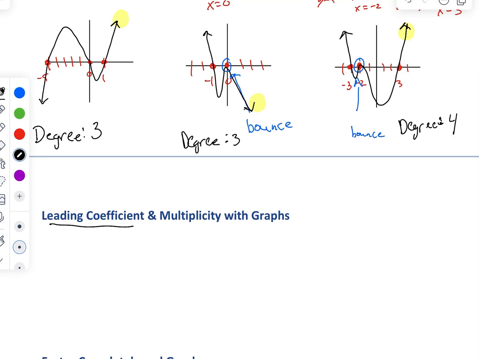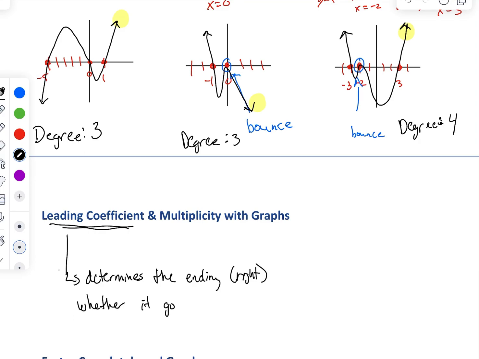So just summarizing here, this leading coefficient, the way that this really affects the graph is if we look at how it ultimately ends on the right side. So it determines the ending, so right side, whether it goes up or down.